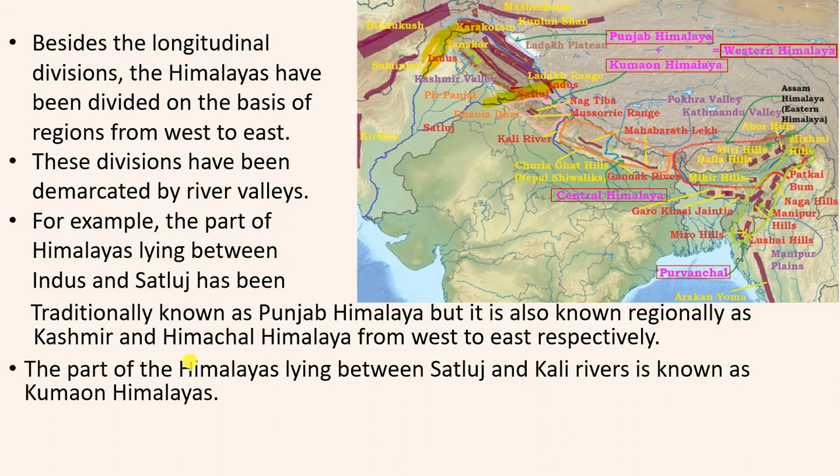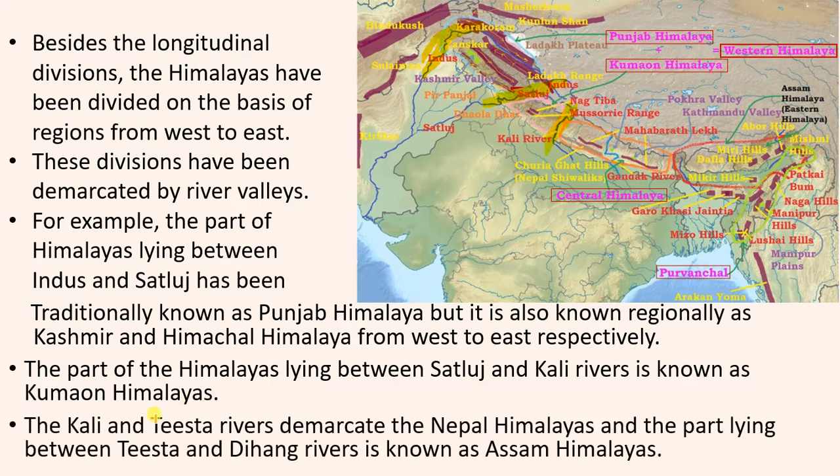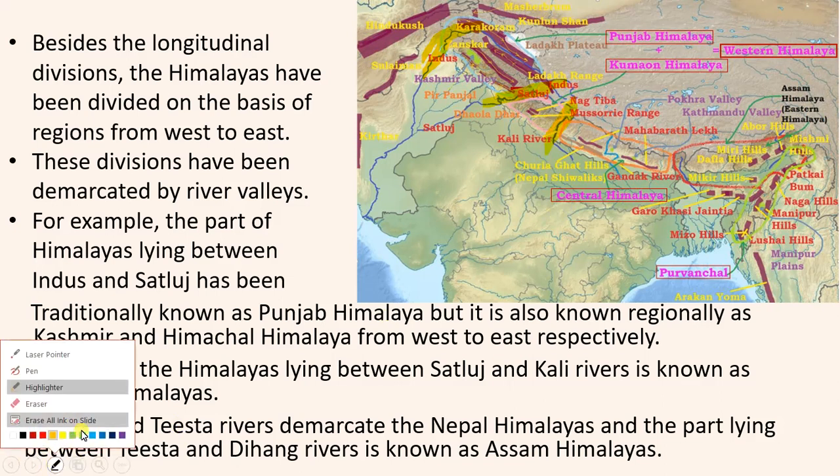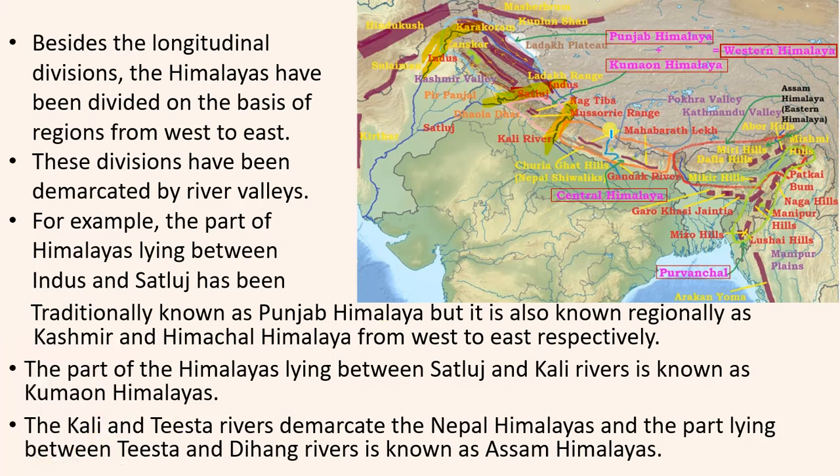The part of the Himalayas lying between the Satluj River and the Kali River is known as the Kumaon Himalayas. From Kali to Tista, the Tista River is there.